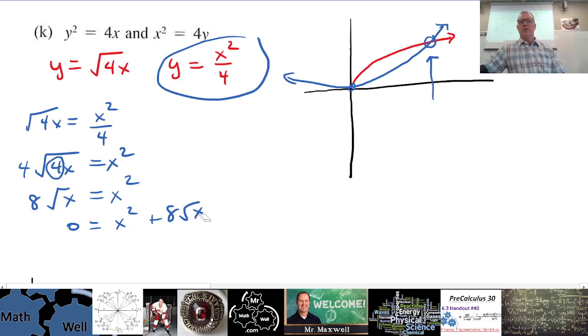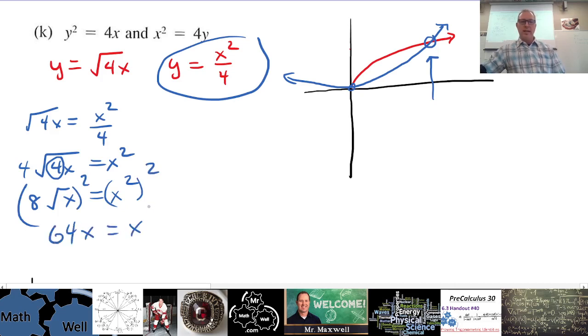You could use graphing technology to find the x-intercepts of this, or algebraically only. Probably the best thing to do would be to square both sides here to get rid of the square root. And we get 64x equals x to the 4th. Divided by x, 64 equals x cubed then, which means x equals 4.